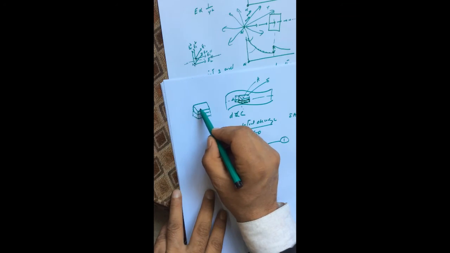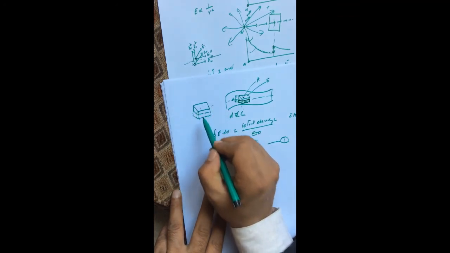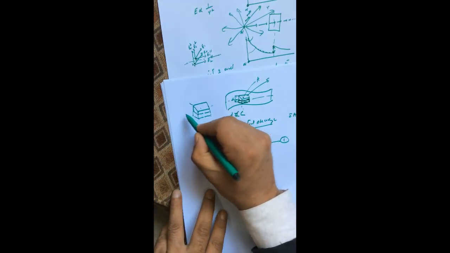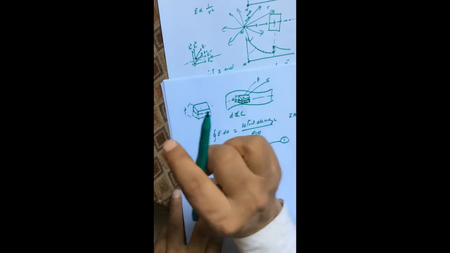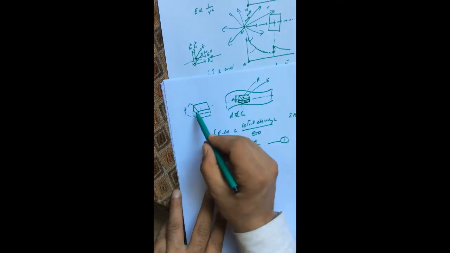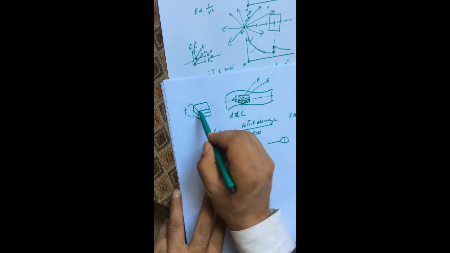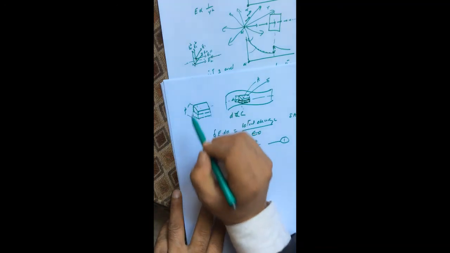So it is 6 surfaces. One is up, the other one is down. One is this one, the other one is this one. One is this one, the other one is backward. So there are 6 surfaces. But we assume that this d, this width of this box, is much smaller. So it means that if this d is bigger, then the contribution to the flux will be from 6 surfaces.